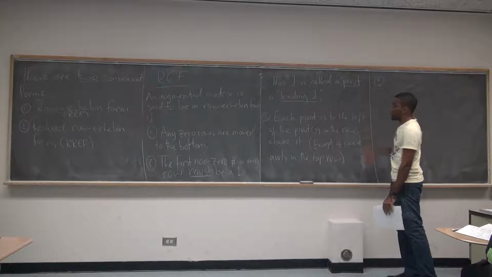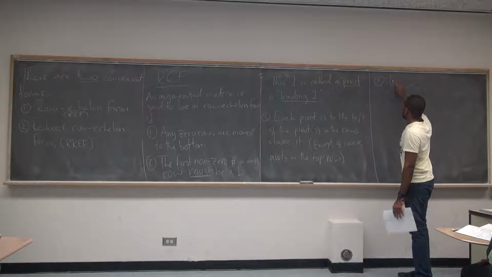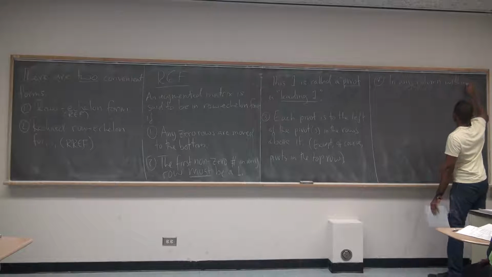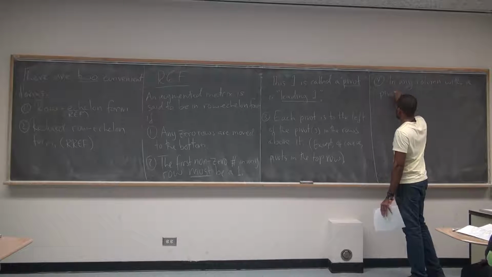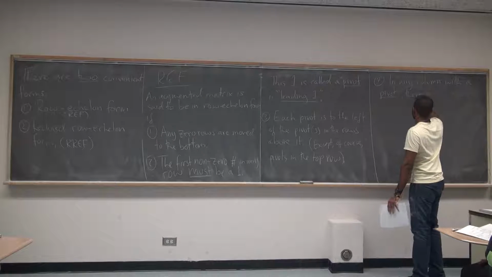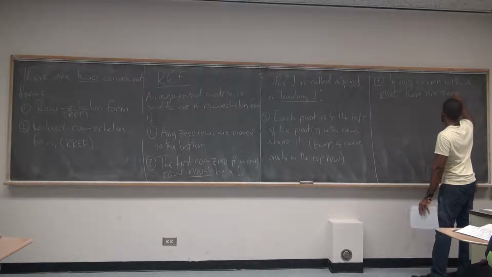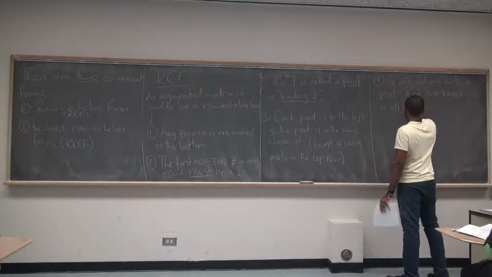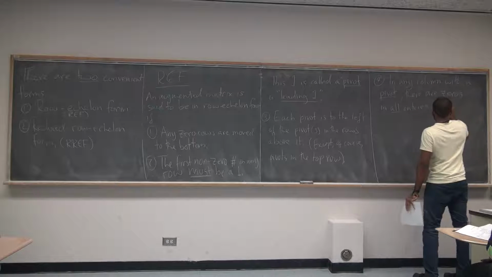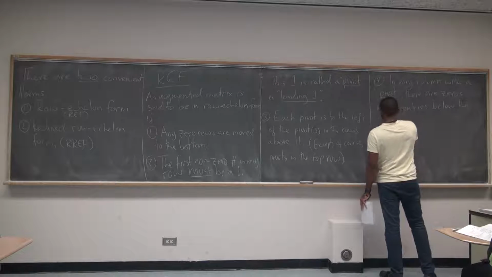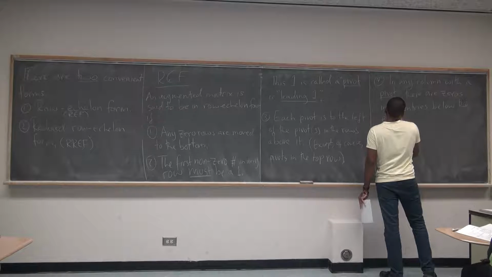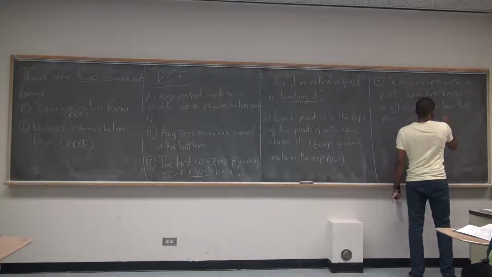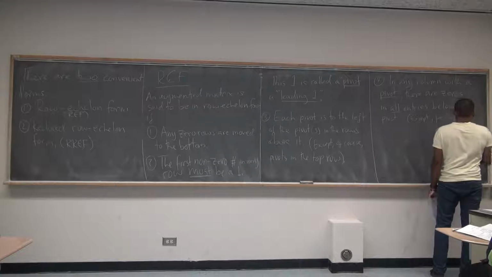And 4, in any column with a pivot, there are zeros in all entries below the pivot, except perhaps, of course, in the last row, an obvious detail.